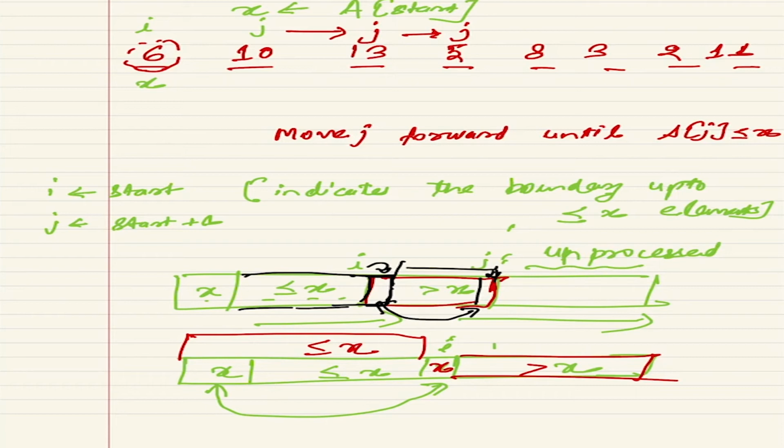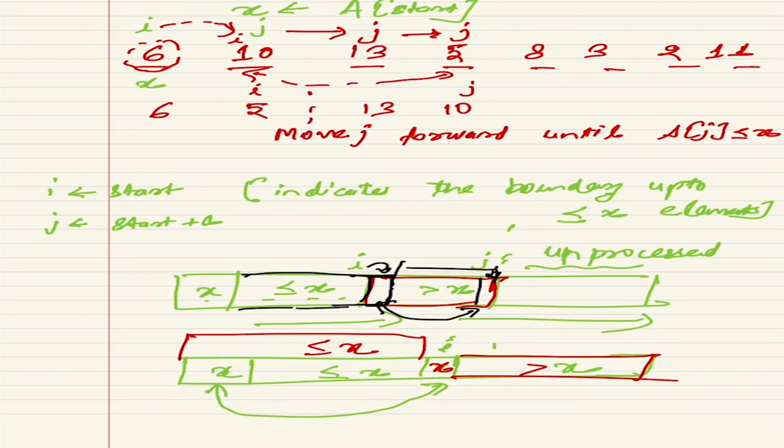So in the picture, I'll take i to here, so this becomes my i, and I swap this with this, 10 with 5. So now this value will be 6 and 5, i is here, then 13 and 10, j is here.